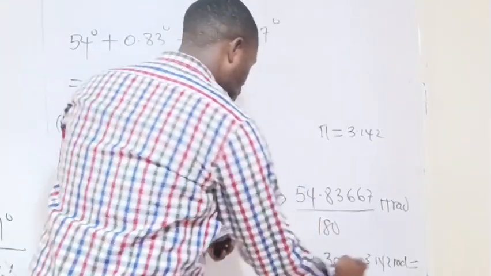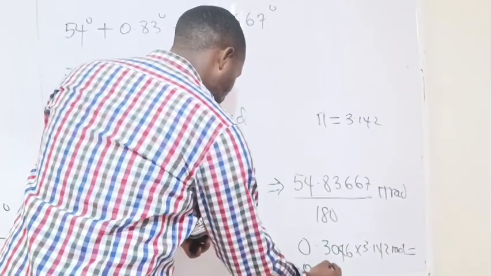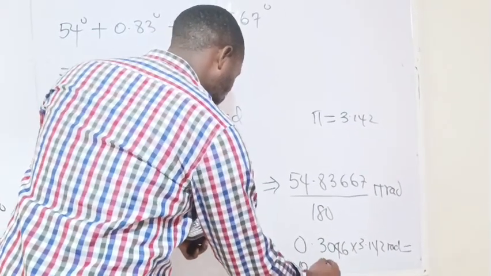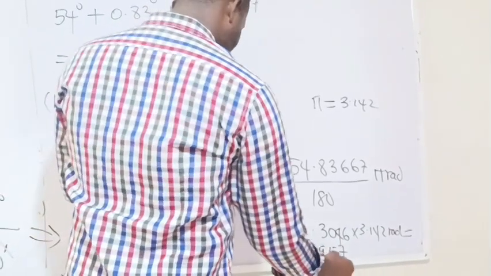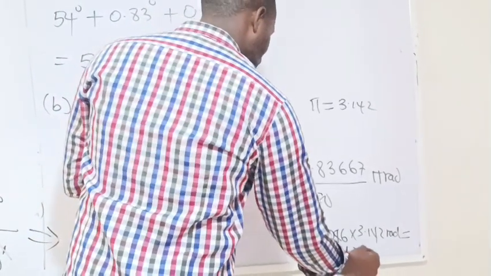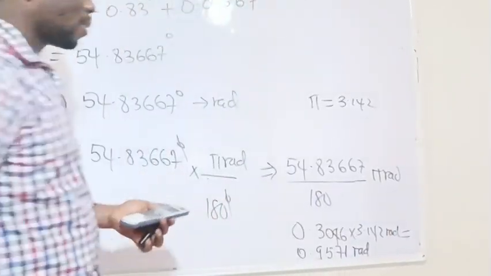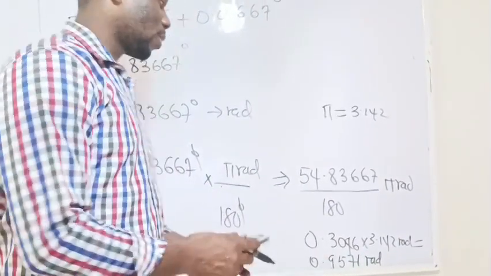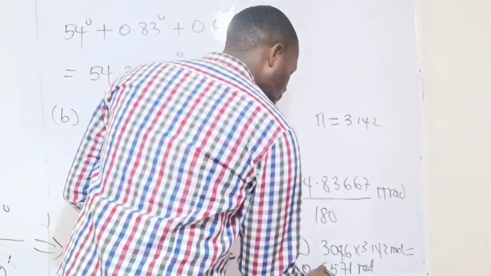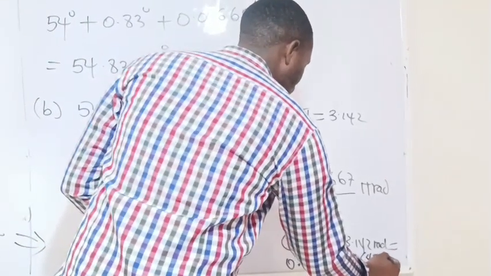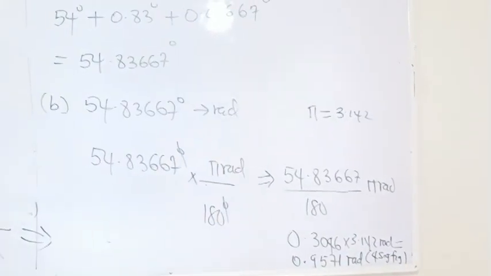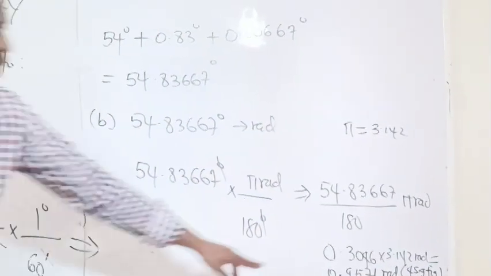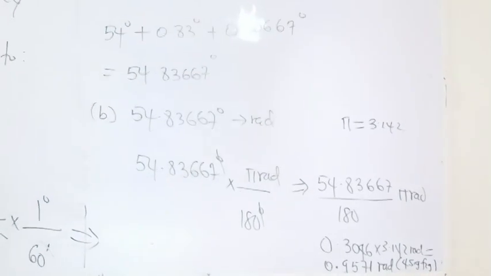Of course, this turns out to be 0.9571 rad. This is to 4 decimal places, and of course to 4 significant figures. Alright, the next step now is just to convert this value in rad to grade.